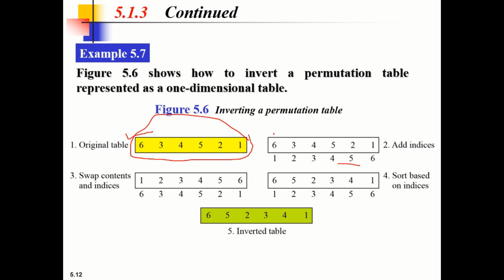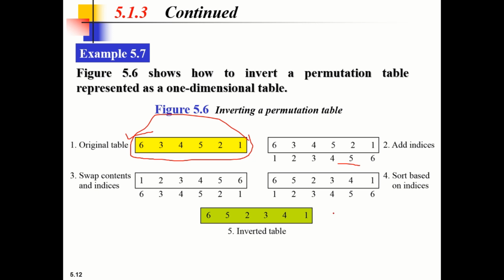For all these values we number from 1 to 6, because 6 values are there in this table. Then we swap the contents of the table and the indices which we have added, and then we sort it. If you remember, we have used this same method in the transposition technique, which we have already discussed in one of the previous classes.